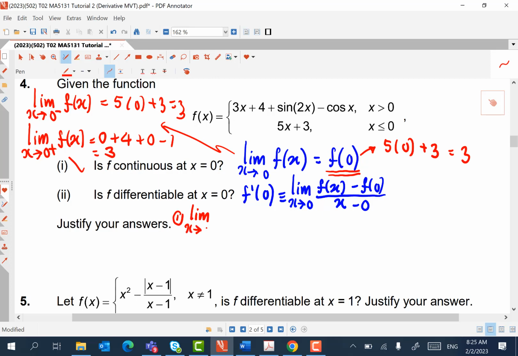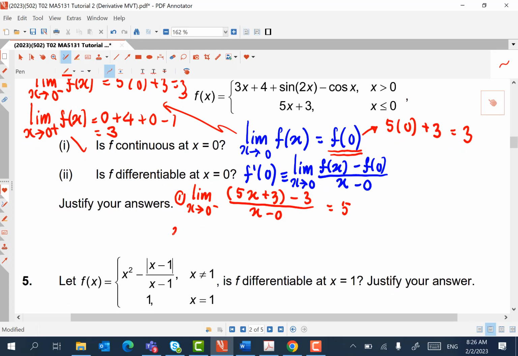For the left limit, the function to use is 5x plus 3, minus 3, and this gives you an answer of 5. And then you can find the right limit.